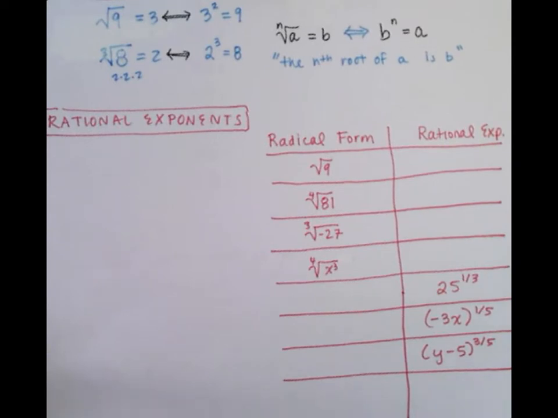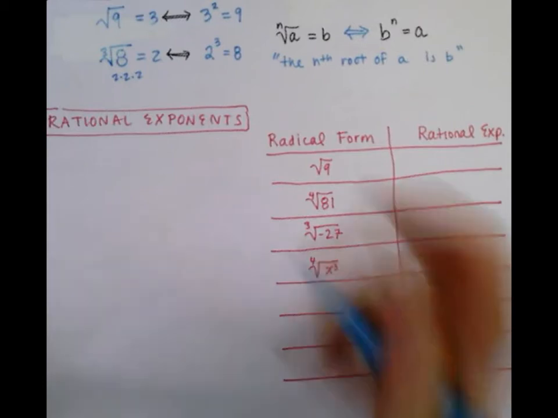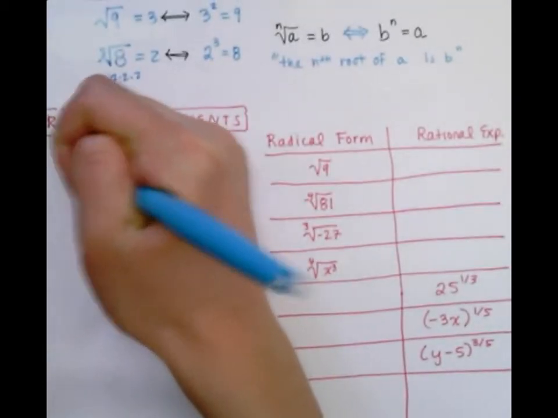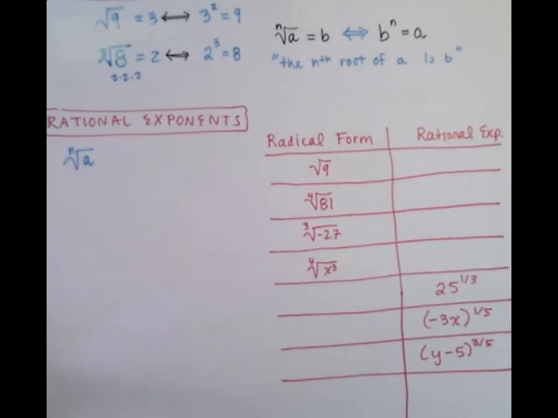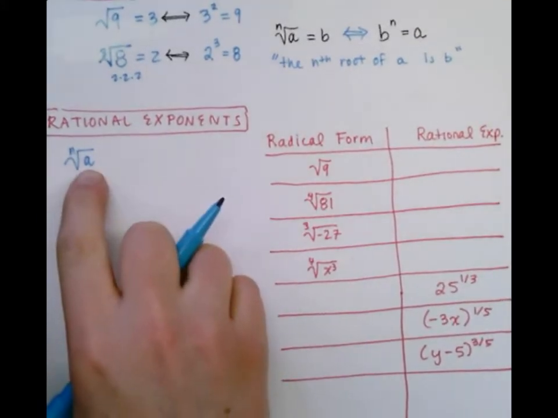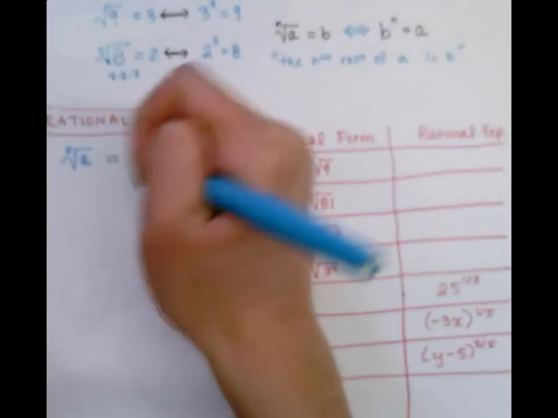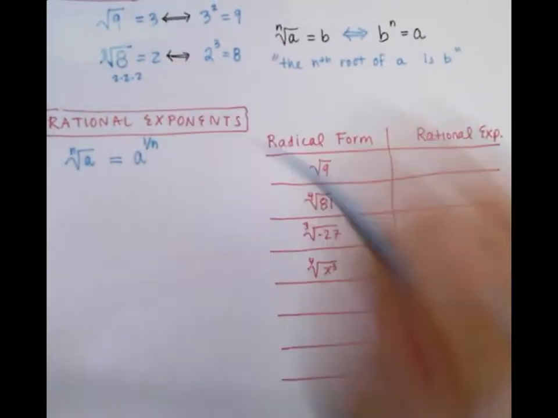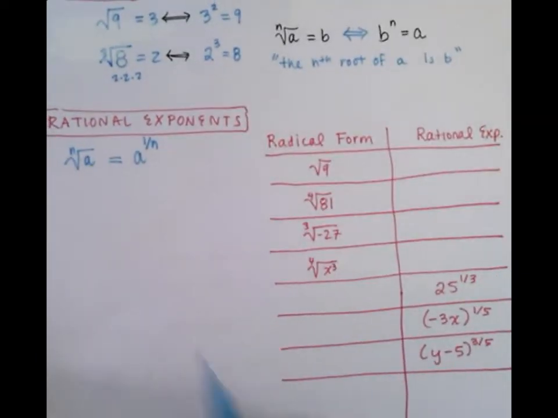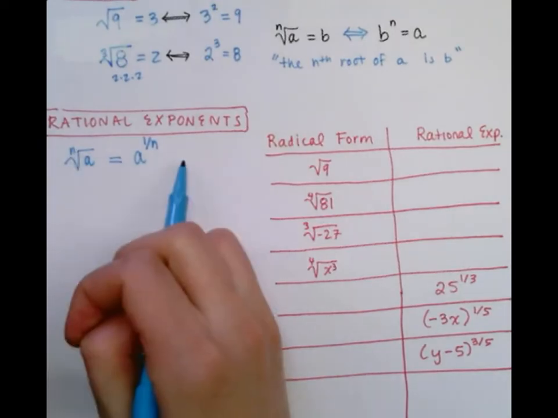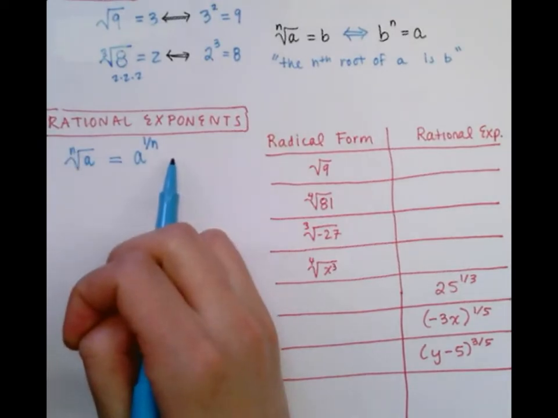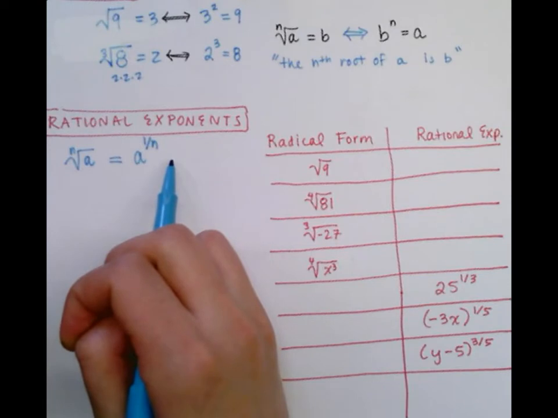So if we wanted to generalize that, we're going to keep using the same letter notation, so we're always going to have an a for the number inside the root. We say the nth root of a is equivalent to a to the 1/n. So whatever the root was, that becomes the denominator of your exponent in rational exponent form.